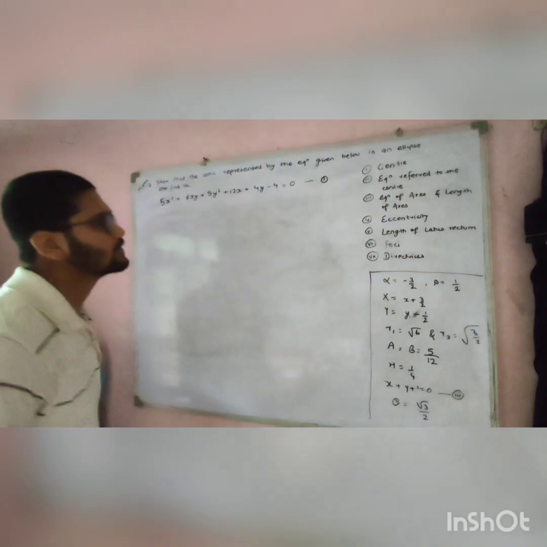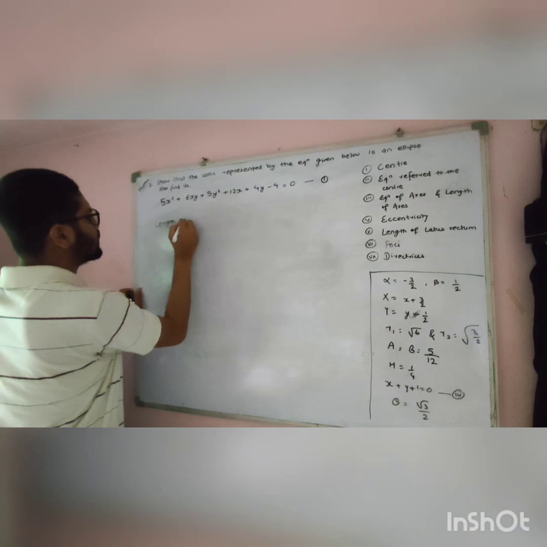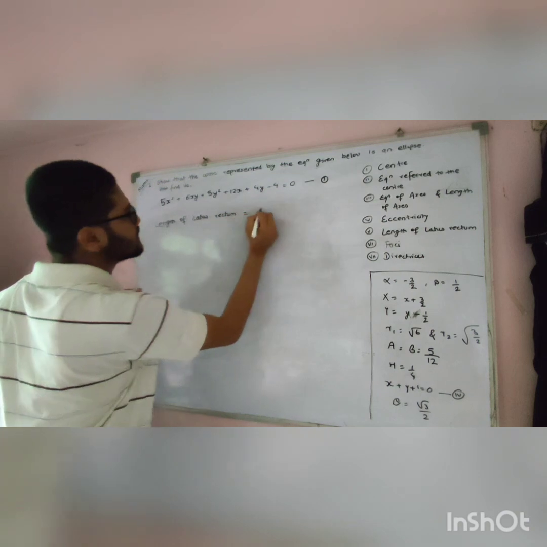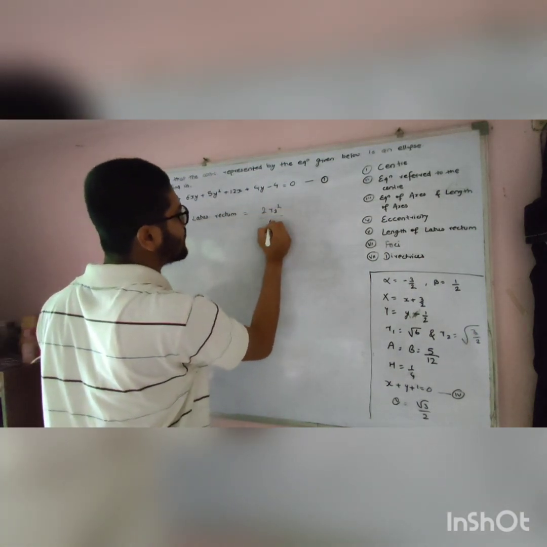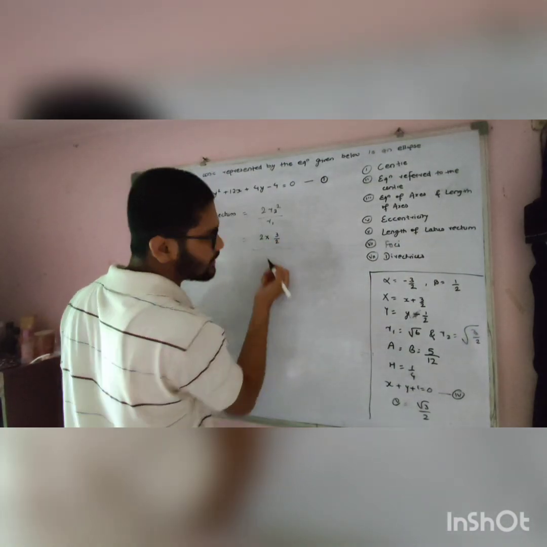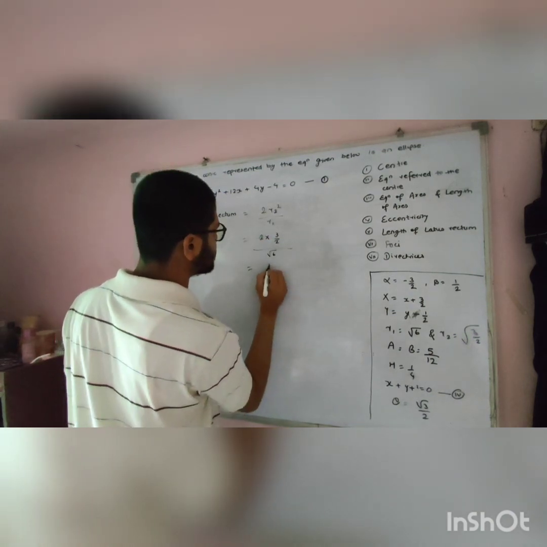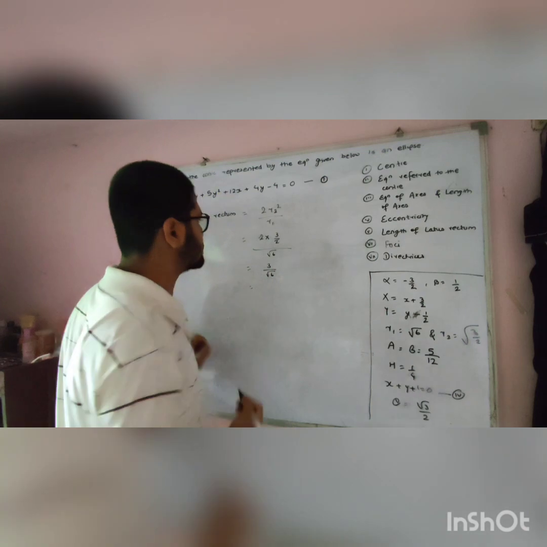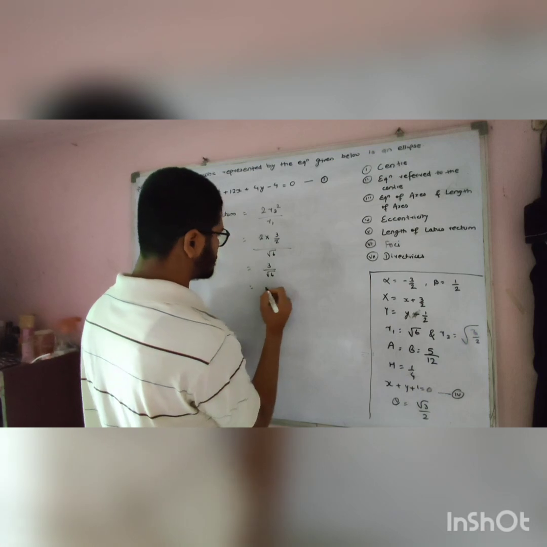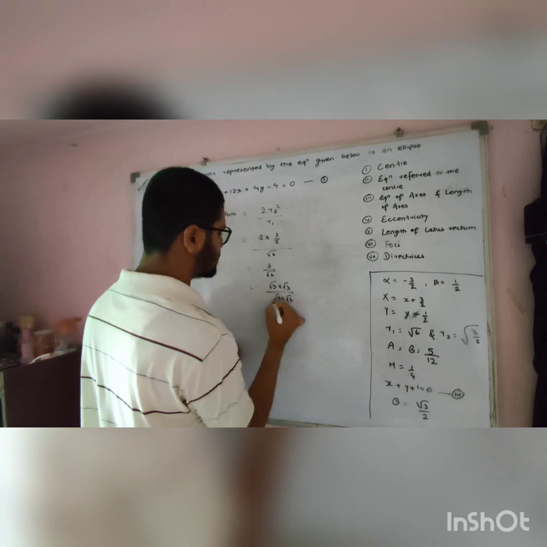Now moving on to the next part, we have to find out the length of latus rectum. Length of latus rectum is twice r2 square by r1, that is 2 into 3 by 2 by r1. r1 is root under 6, so that is 2 into 3 by root 6, which we can write as root 3 into root 3 by root 3 into root 2.